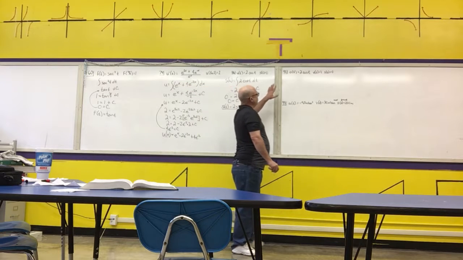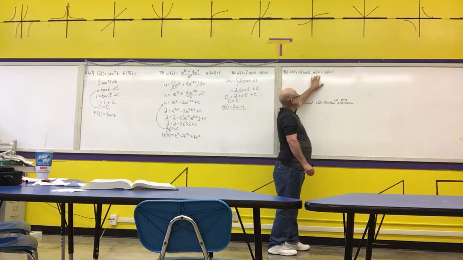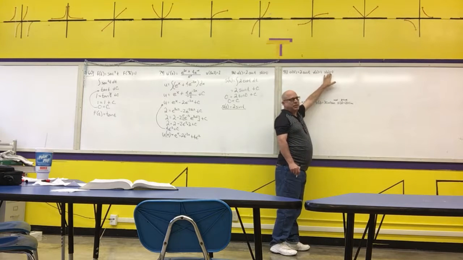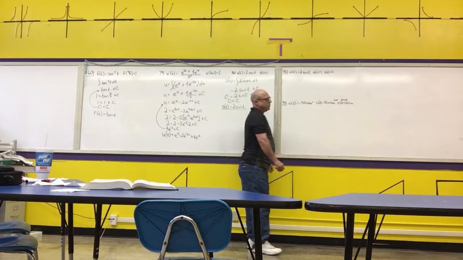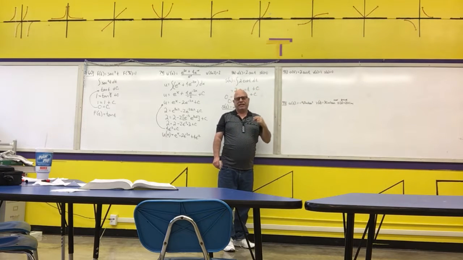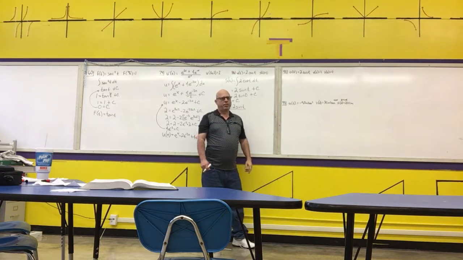Problem 92, they tell us the acceleration function. They give us an initial velocity and an initial position, and they want to know what the position function is. So I'm going to end up taking the antiderivative twice, and in between each step, I'm going to use the information they provided to figure out what my constants are.